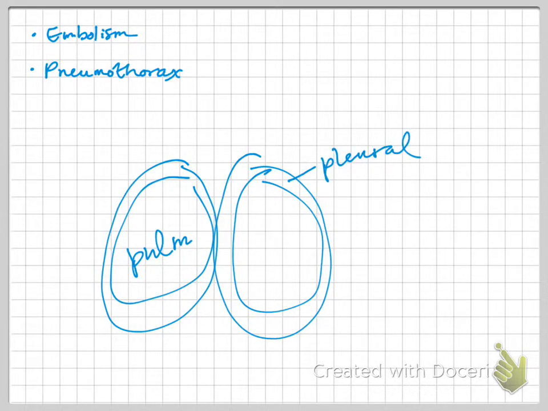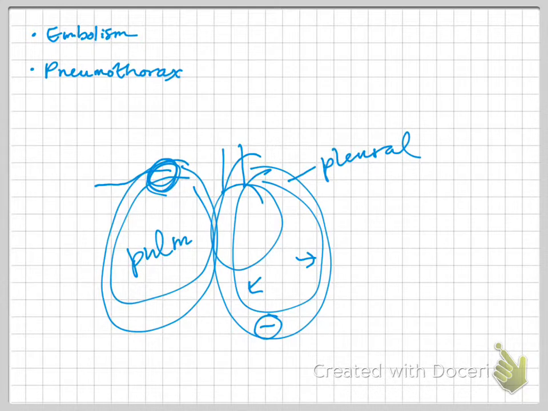And if that's punctured, because we know the heart's right in that mediastinum, and we have that SVC, if we somehow puncture this pleural space, air could enter and cause a pneumothorax. We have to have negative pressure in the pleural space to keep these lungs open, otherwise they collapse.